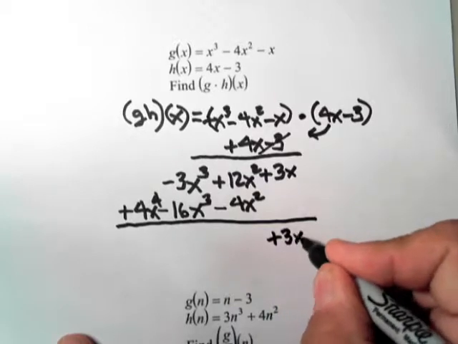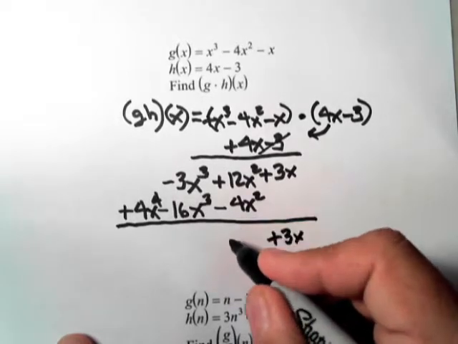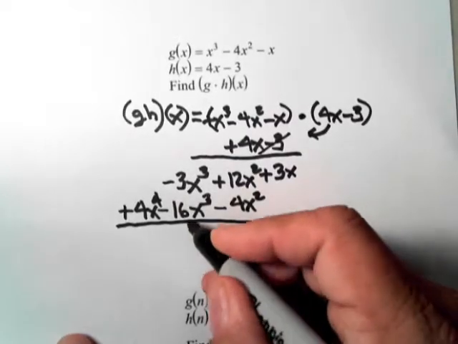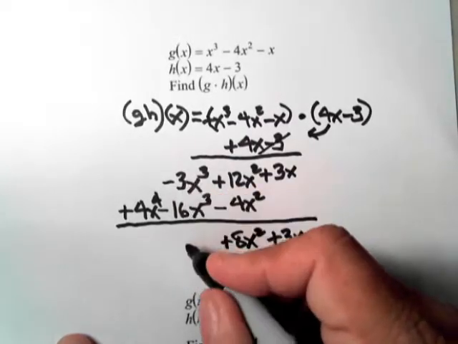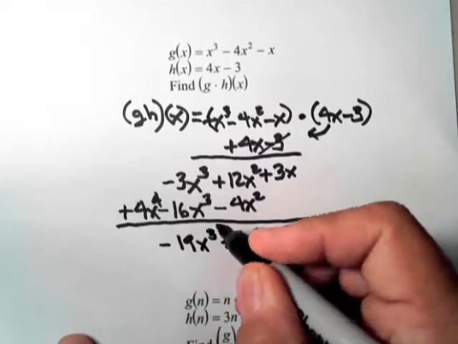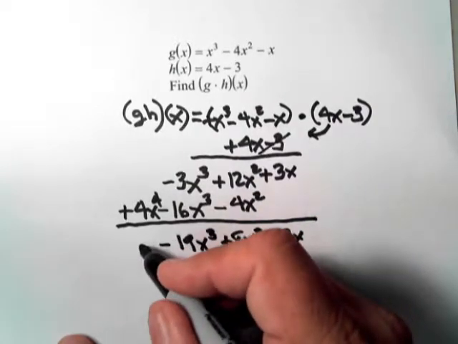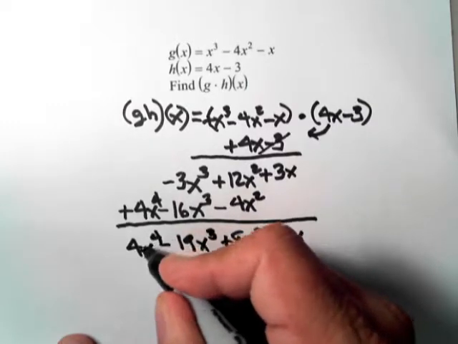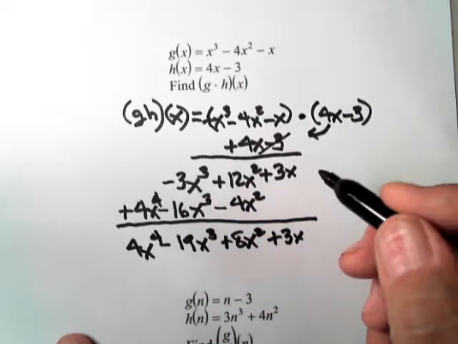Got plus 3x. 12 minus 4 is plus 8x squared. Negative 16 and negative 3 looks like negative 19x cubed. And then we had out in front the 4x to the fourth. You could put the plus sign in front if you wanted or leave it off.